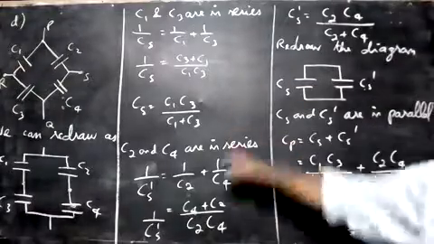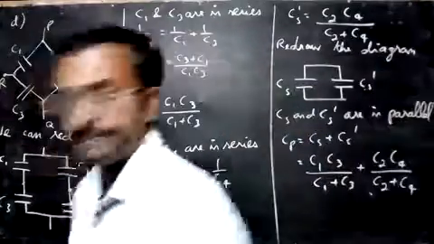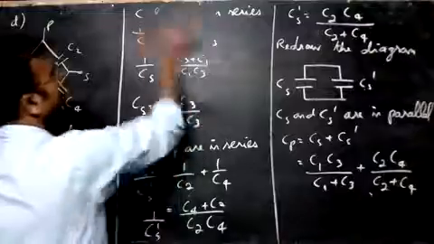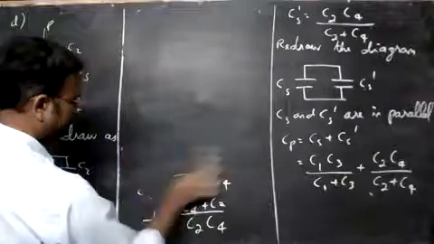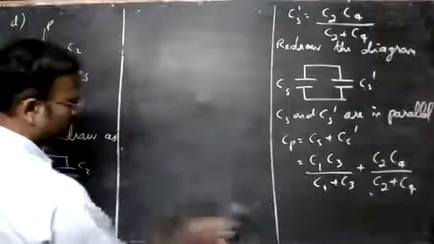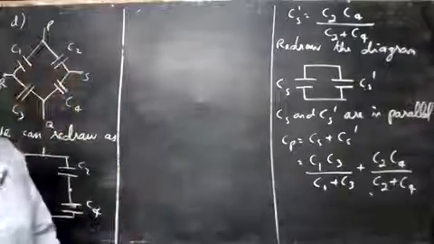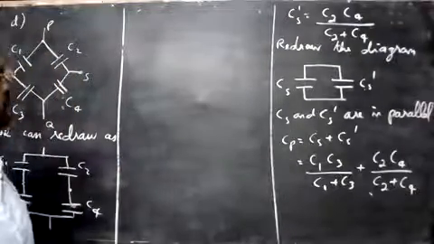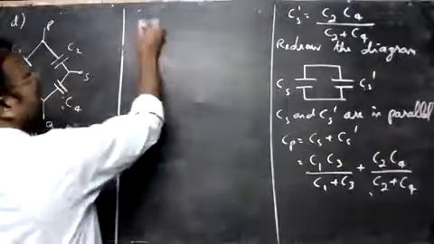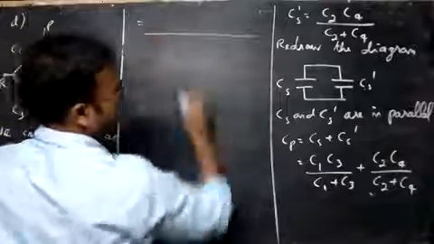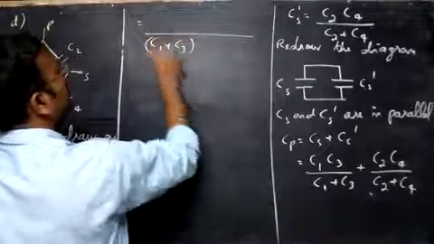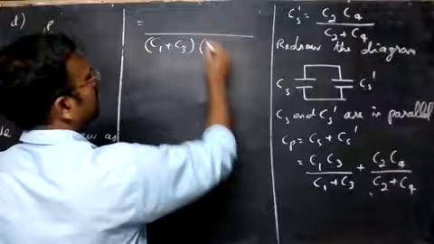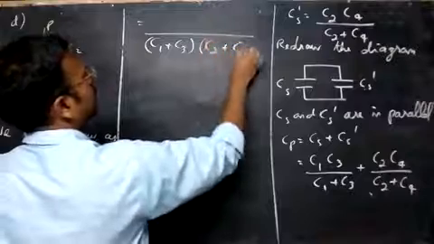I'll just rub this part to get space. It's very simple only. Rub this out. We take another chalk here. Now let's see the LCM here. In the LCM we get C1 plus C3 into C2 plus C4.